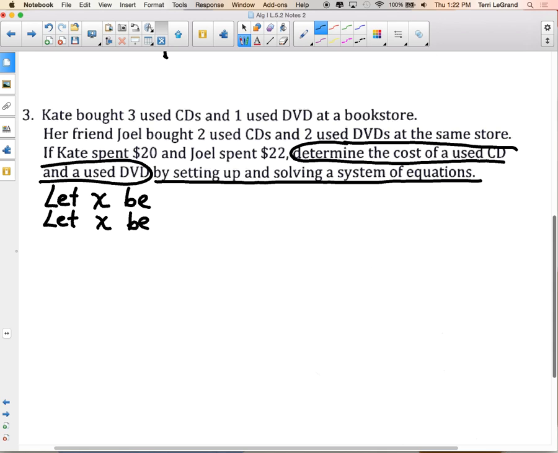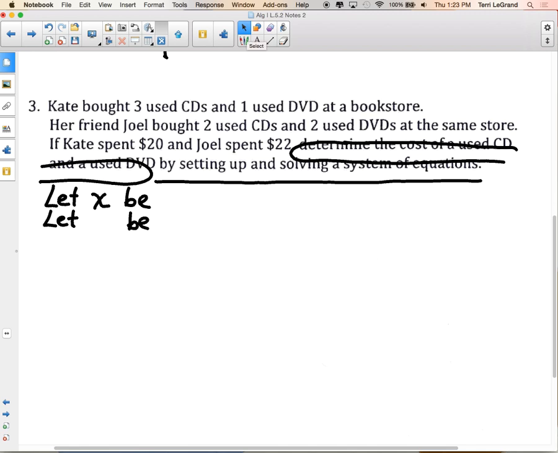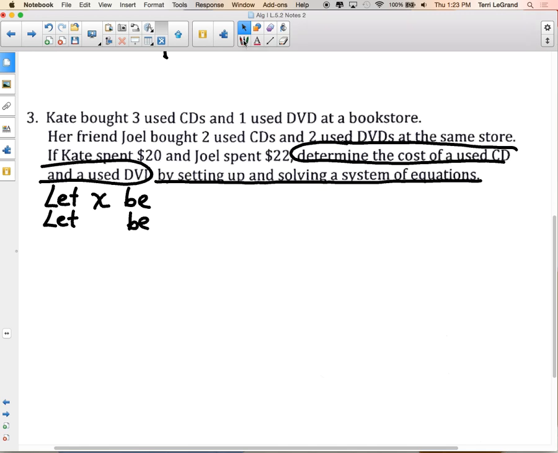Mara, what do you want x to be? You wrote x first. Well, yeah, I only need it once, don't I? Good catch. Okay, thank you. What should we let x be, Mara? Used CDs. Okay, what about the used CDs? How many there are, or what?